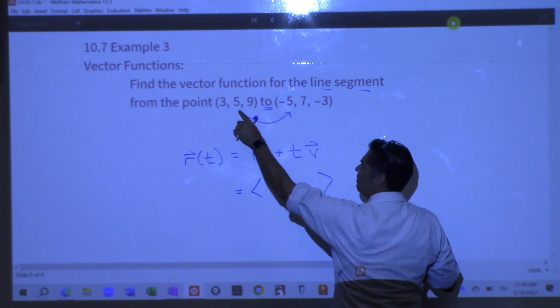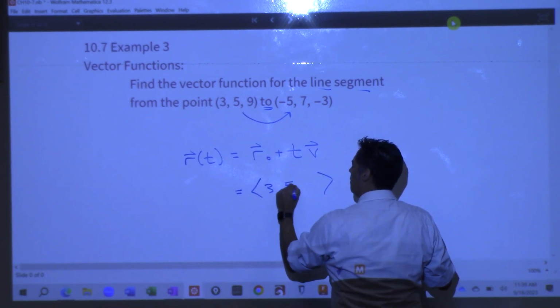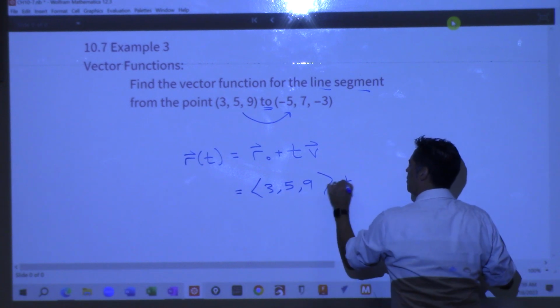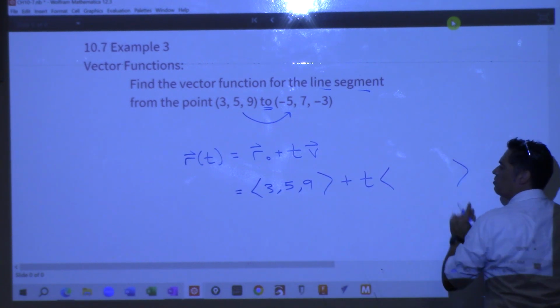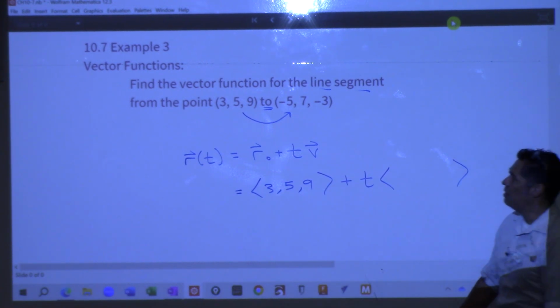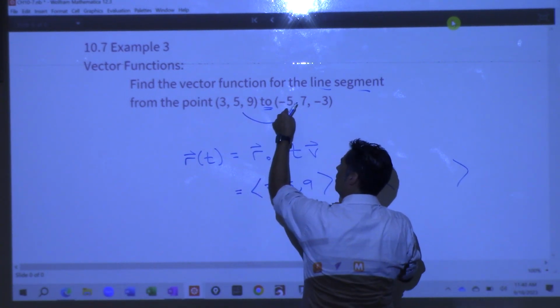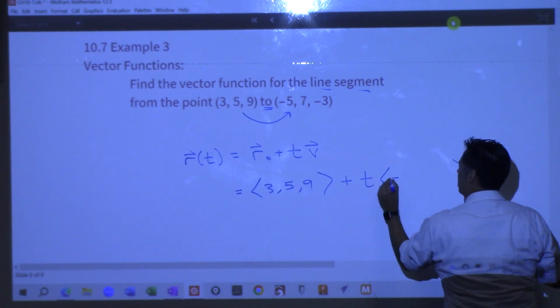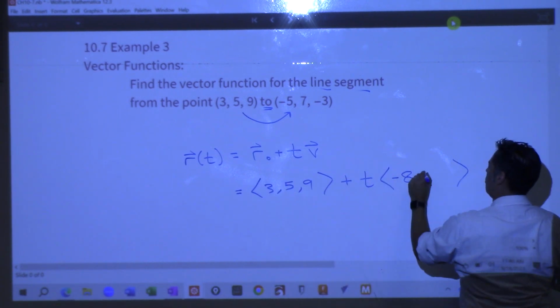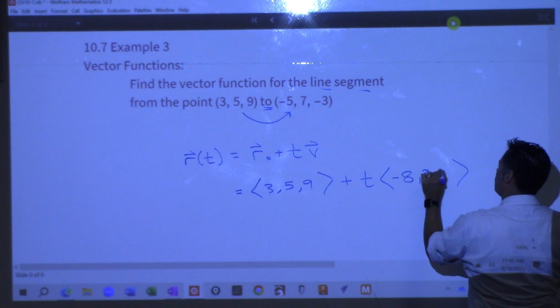It's the point we're starting from converted to a vector, 3, 5, 9. Plus t times, now v is the direction vector, right? It's the vector that goes from here to here. So we do -5 take away 3, so -8, 2, -12. Are we done?